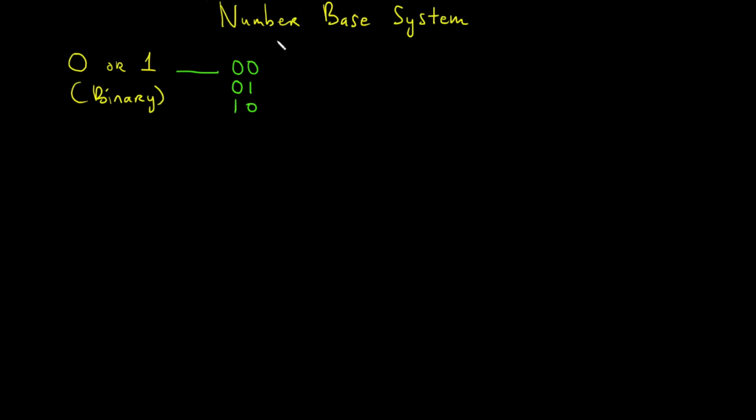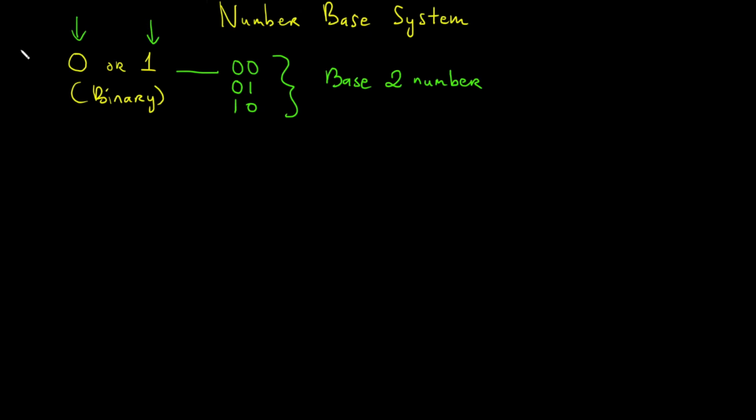You can have a long binary number as long as it is made of 0 or 1 or both at the same time. So this is an example of a base 2 number.